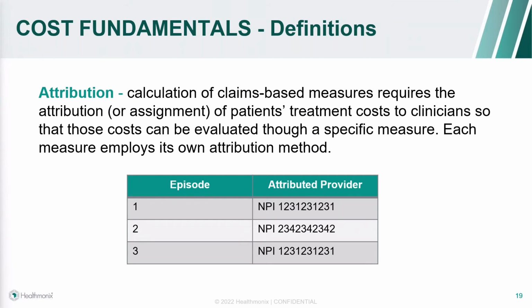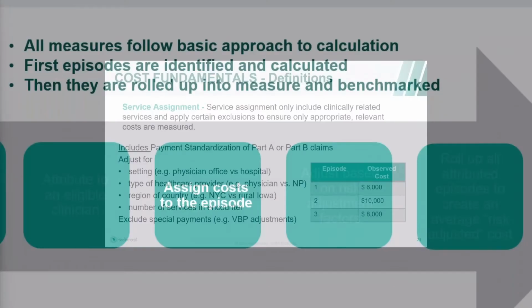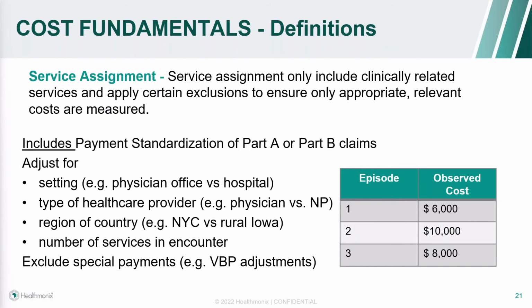So there are very specific attribution rules that are applied to take each episode and attribute it to one, or it can be more than one, provider. The next step, after we have the episode and we've attributed it to one or more eligible clinicians, is that we assign costs to the episode. Again, for each measure, CMS has developed a whole list of all of the costs that go into that episode.